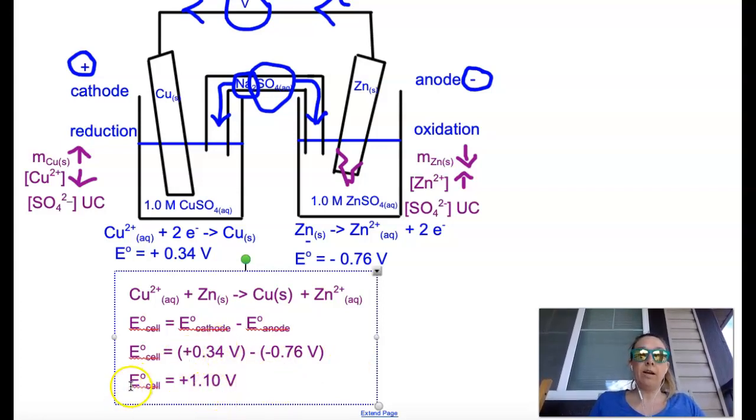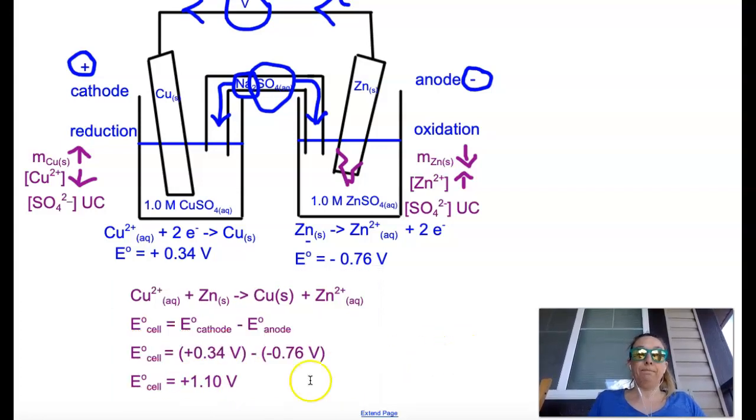Right, you should find that every E naught cell you calculate goes to 2 decimal places. And that's because every single value in your data booklet also goes to 2 decimal places. Don't forget to put the voltage in as well. So, things you should notice. Anytime you are doing a voltaic cell, it should always have a positive E naught cell.